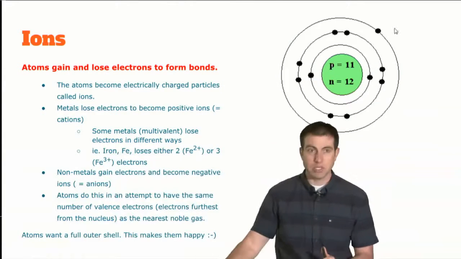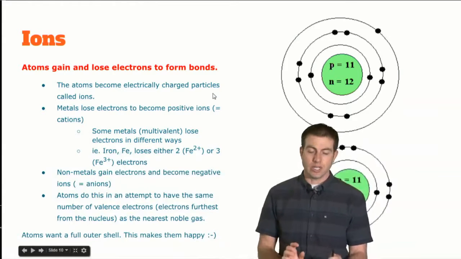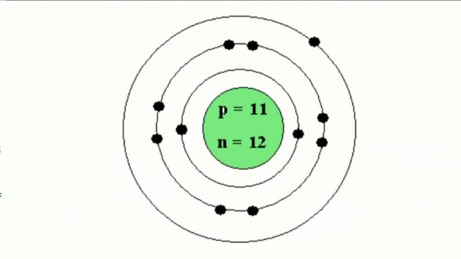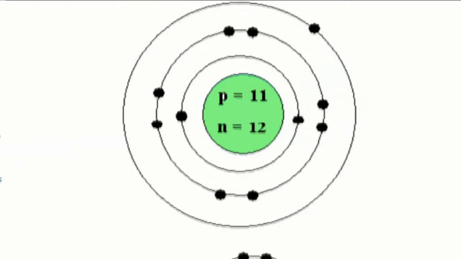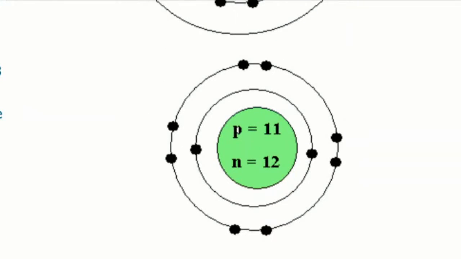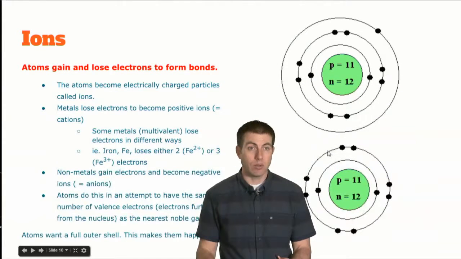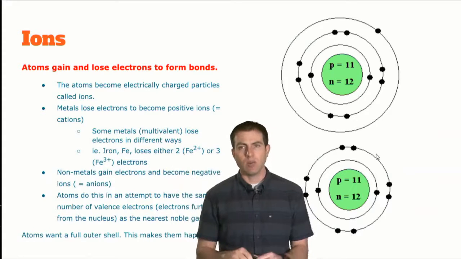So if you're sodium and you lose 1, what do you look like now? Well, you look like this. You have the 11 protons still. You still have 12 neutrons, but now your number of electrons isn't the same as your number of protons. You lost that 1. So that outer shell with that 1 electron flying around the outside, you got rid of it. And you're saying, well, where did it go?